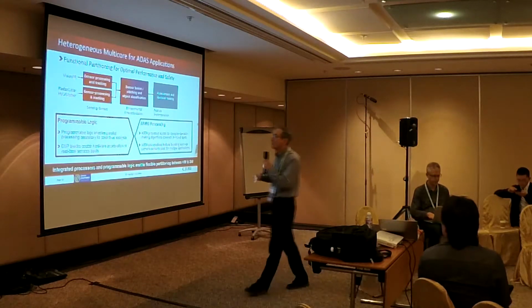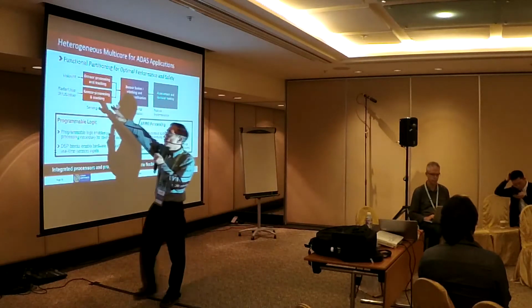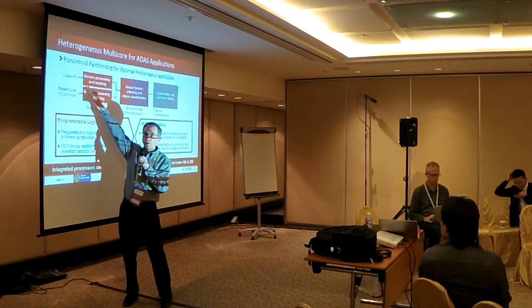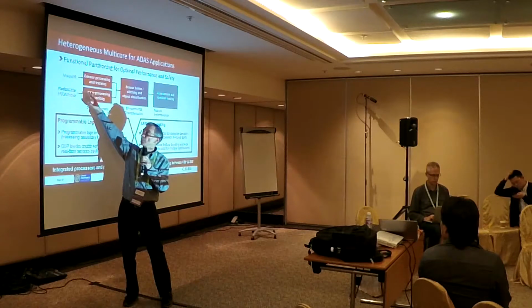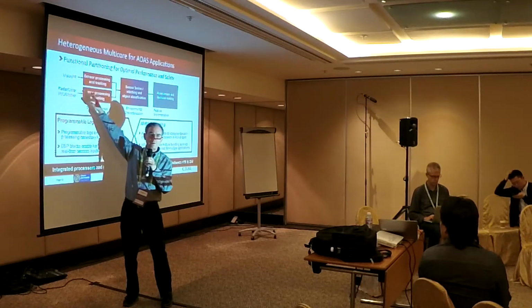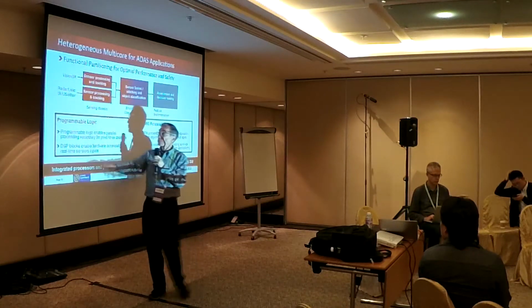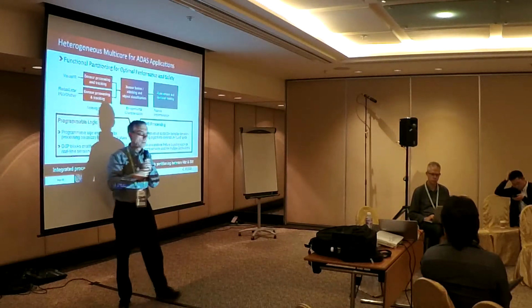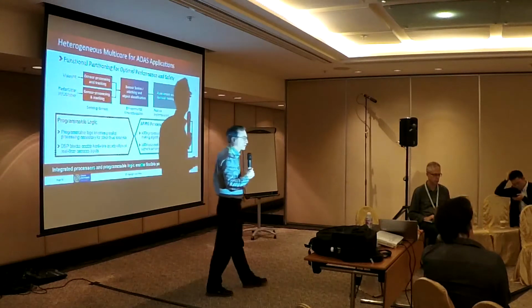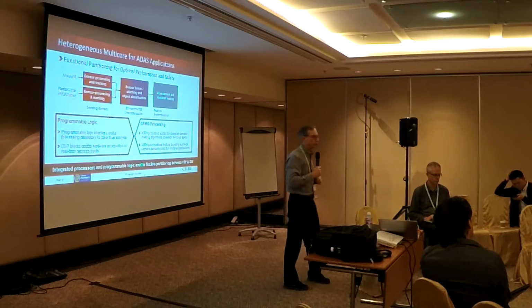You may have information coming in from your vision sensor that's saying, I don't see much out there. You may have something coming in from your infrared sensor that says, yeah, I see something out there, but I'm not sure what it is. You may have something coming in from the radar or LiDAR that says, yes, there's something out there.